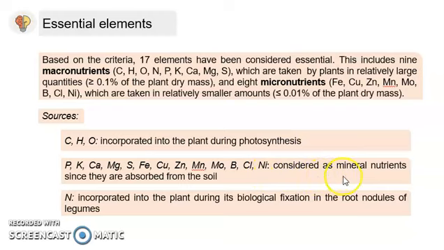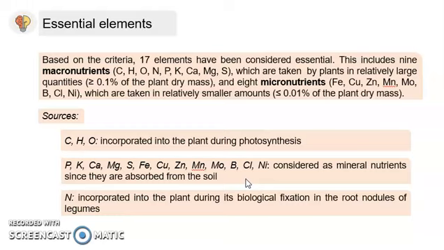They are considered mineral nutrients because these nutrients are absorbed from the soil, which means that one of the sources of these nutrients is soil. They can be absorbed by plant roots from the soil.